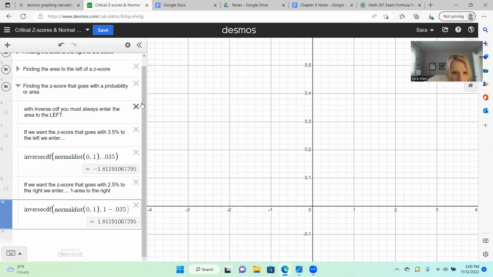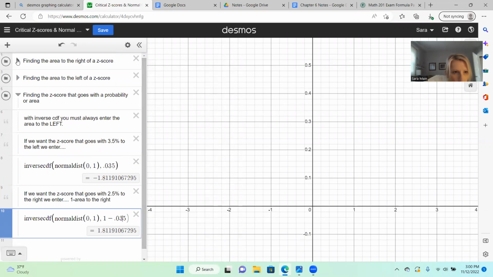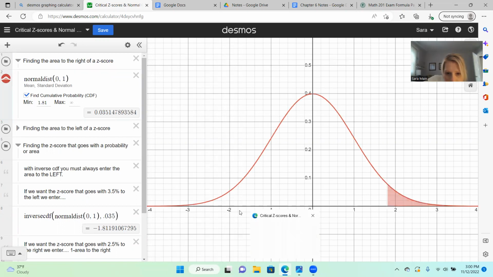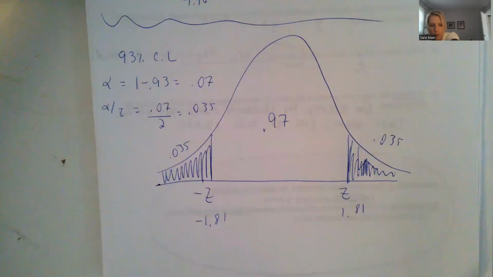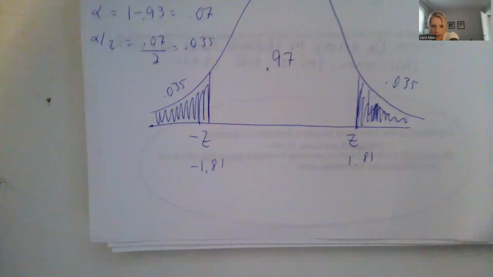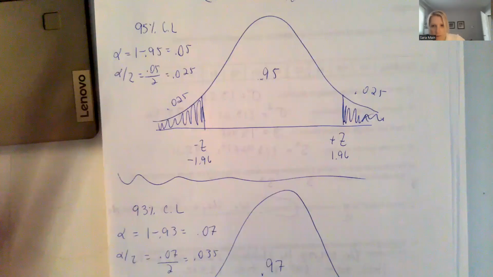And we can even make that match if we were to go up here and see it on the curve and do 1.81 to the right, it will tell us it's 3.5%. And we can see that on the graph. So we can see on our curve that we drew that the z-scores that go with this confidence level of 93% are 1.81 and negative 1.81. Let's be back for some other short videos.